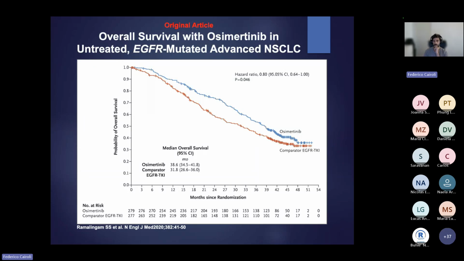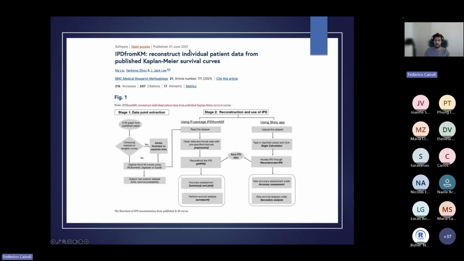In this case, months since randomization. You're going to see also that we have two different curves, one curve for the treatment, another curve for the comparator arm. And there are some specific measures that could be important here.